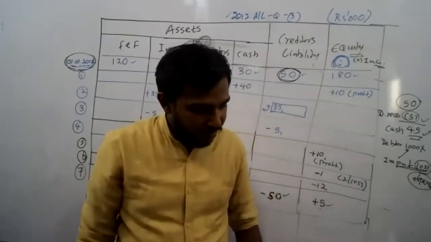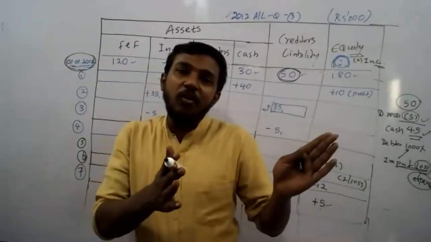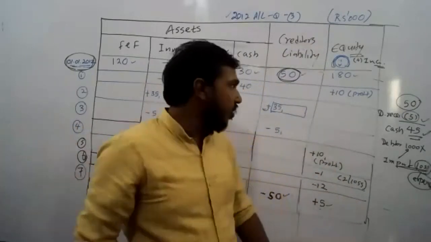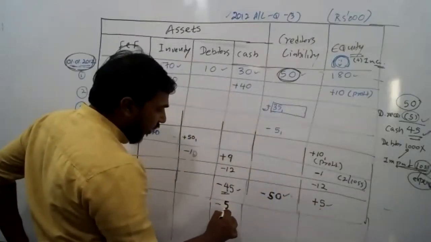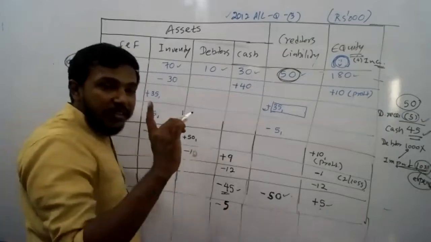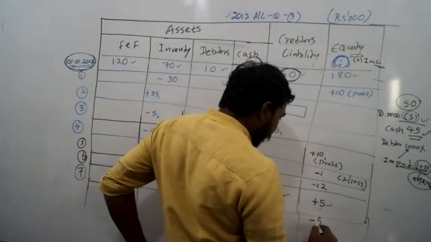Impact for cash: the owner withdrew rupees 5,000 cash. That means he has taken out 5,000 cash for his personal use. Cash decreases by 5. Then it is called drawings, so equity should be decreased by 5.